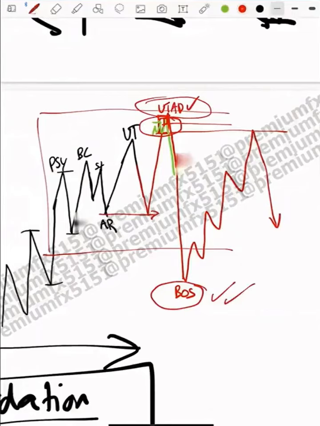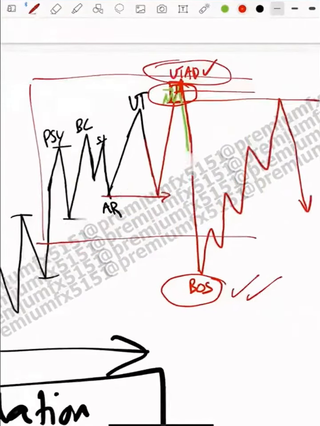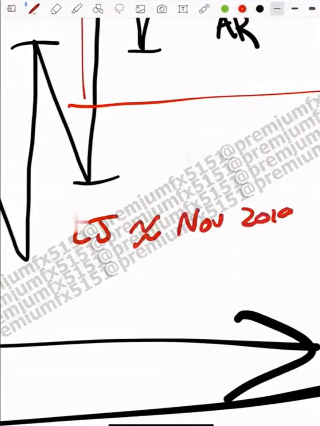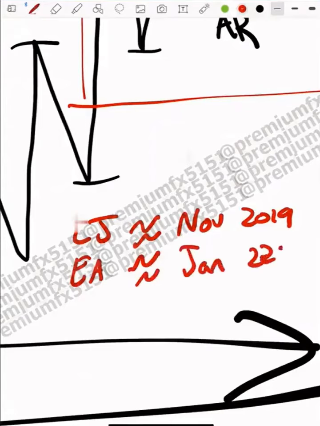If you want to backtest examples of me doing this wrong, just write this down for now, and then we'll go over it later. CJ, approximately November, and EA, January 2020.